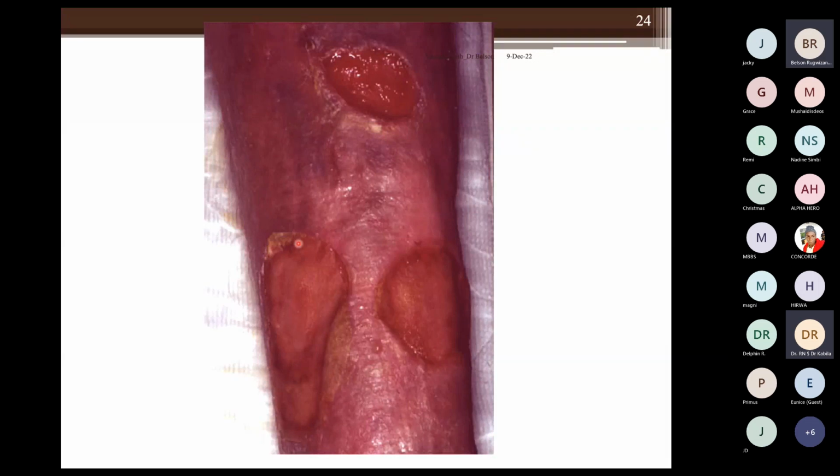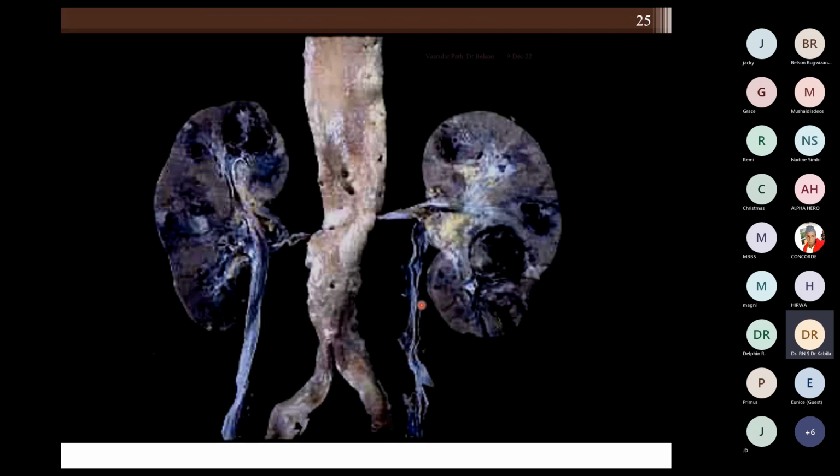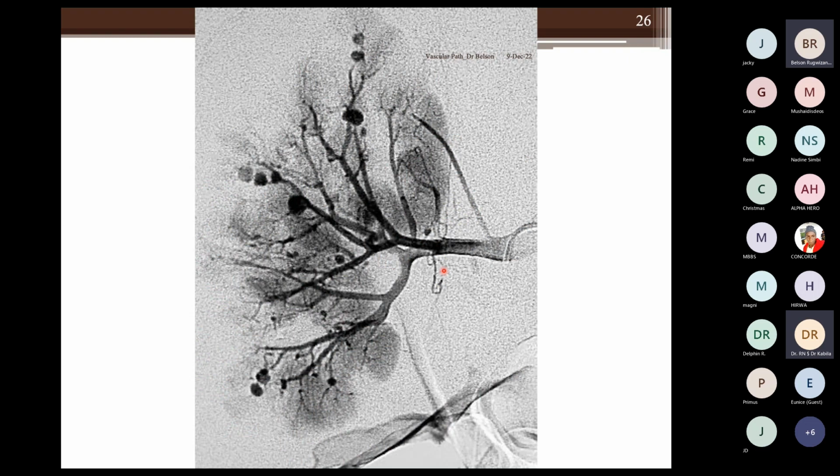So, and you see here, they are like larger nodules in this thing. So here you see the consequences in kidneys. We have some areas, wagira ngo zirimo pockets of blood, because there has been a necrosis in some areas. So this is the angiogram. This is a kidney again.